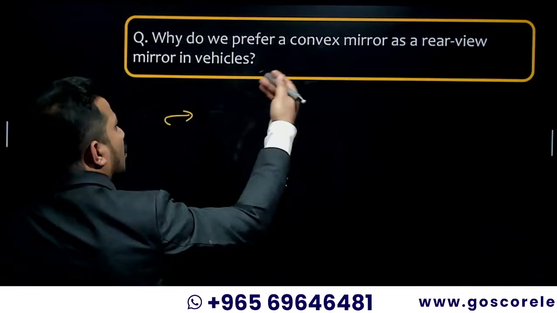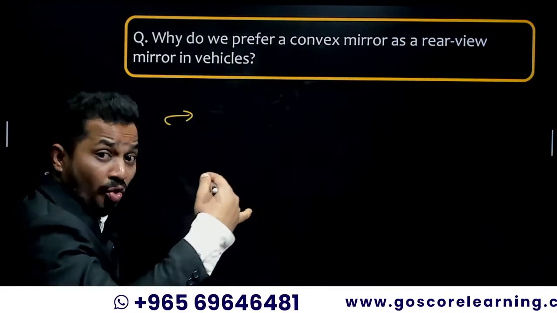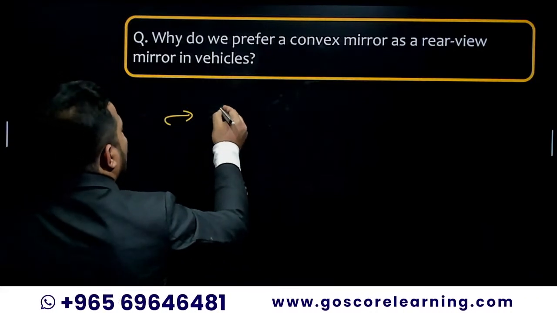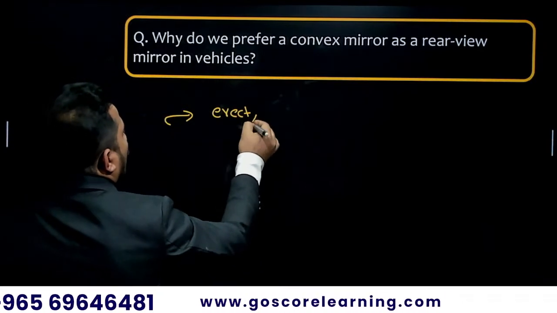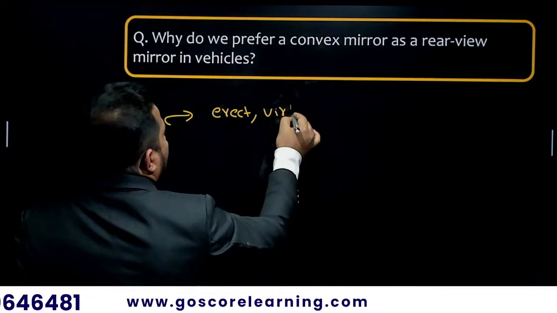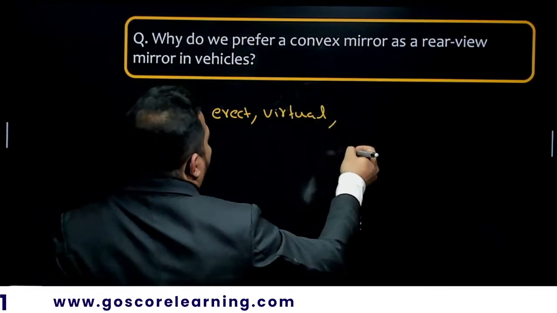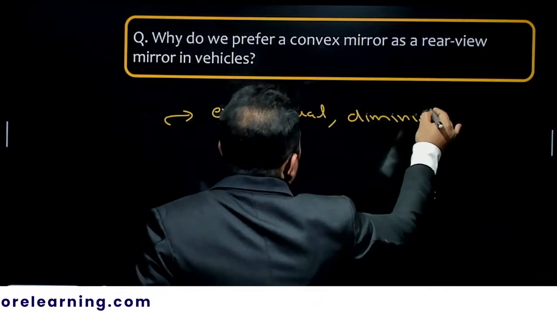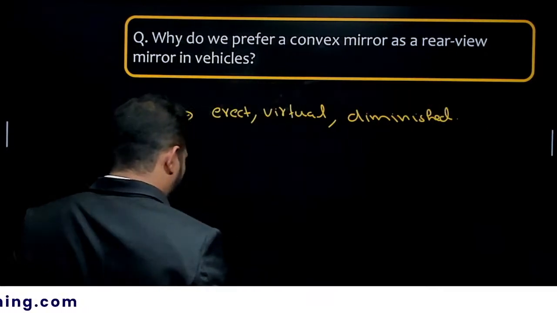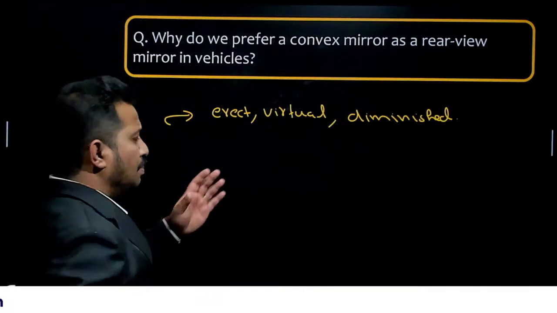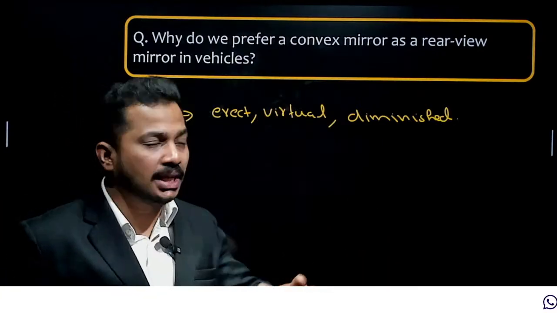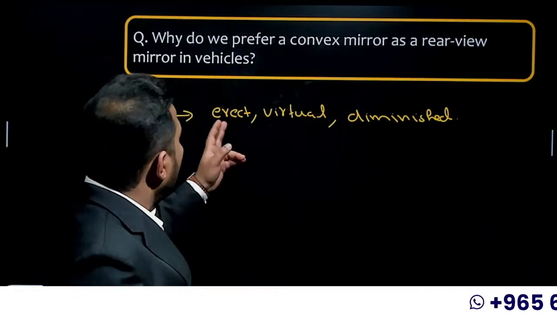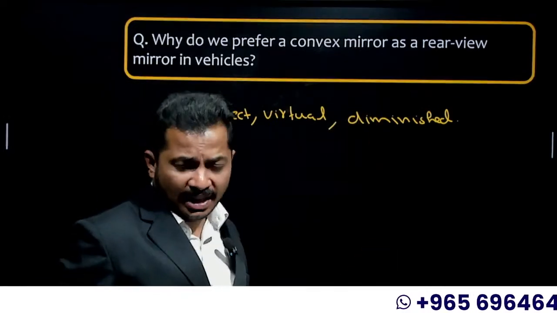Irrespective of the position of the object, convex mirror always gives erect, virtual and diminished image.